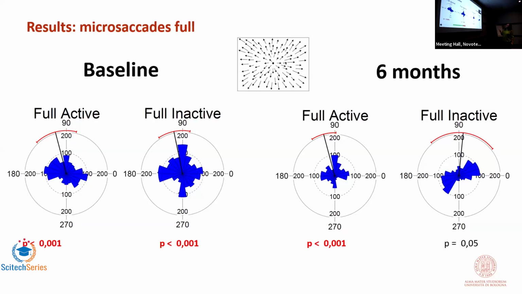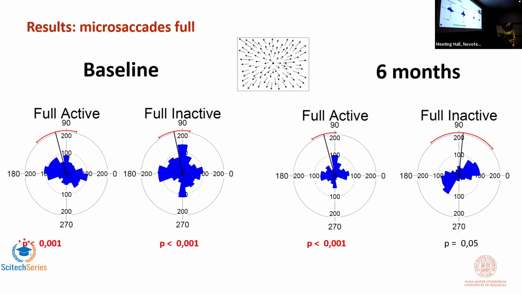So for the full stimulus, the stimulus that covers the entire screen, we have significant mean vectors for microsaccades at baseline for both active and inactive. The mean vector is indicated by the black line, and the red one is the circular standard deviation.